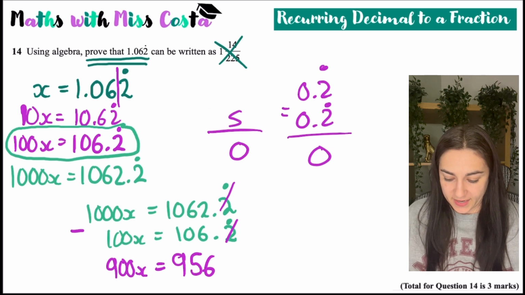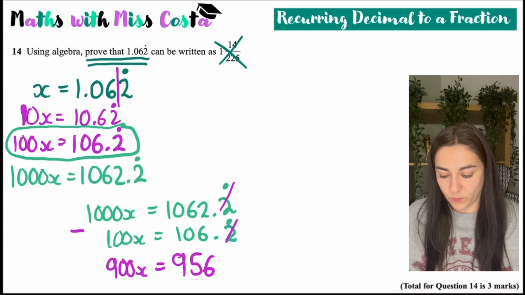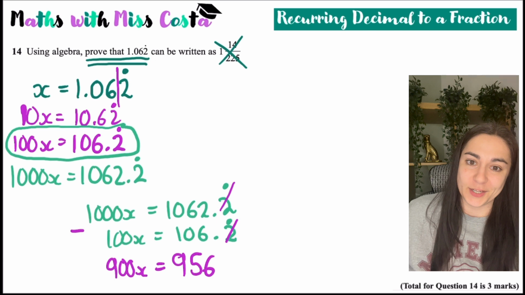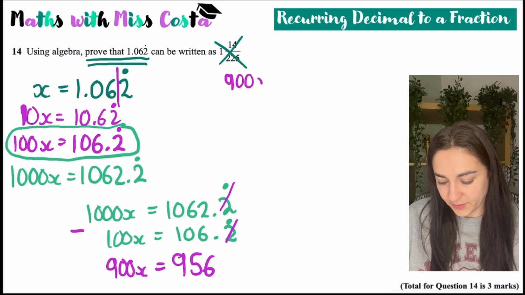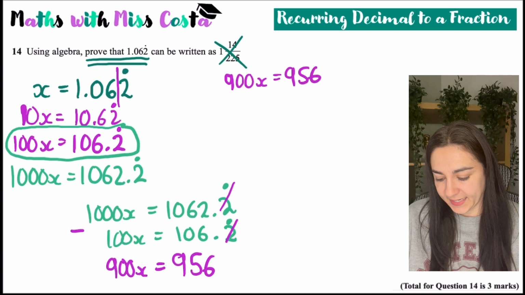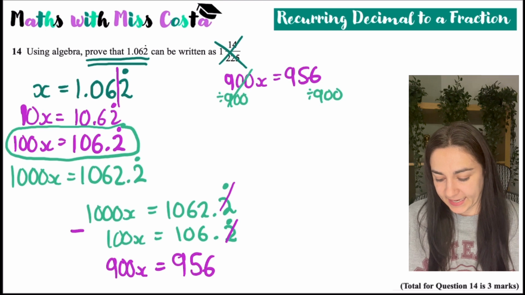Okay, so then you've got yourself an equation. What do you always do in order to solve an equation? You isolate the x variable. So if 900x is 956, to isolate the x variable, I'm going to have to divide by 900 because that would cancel out here. So x would be 956 over 900.